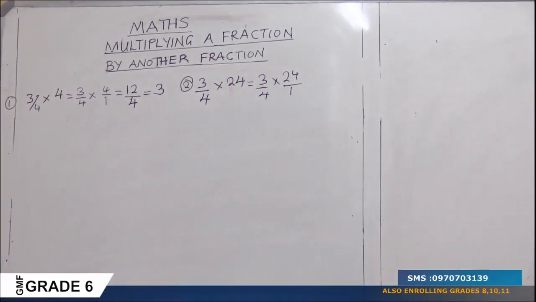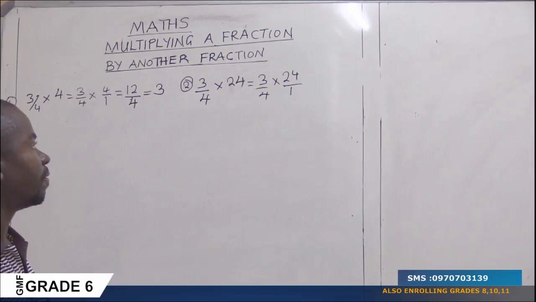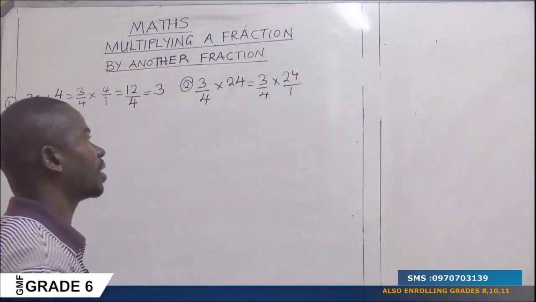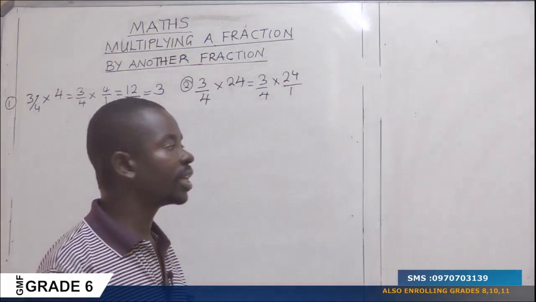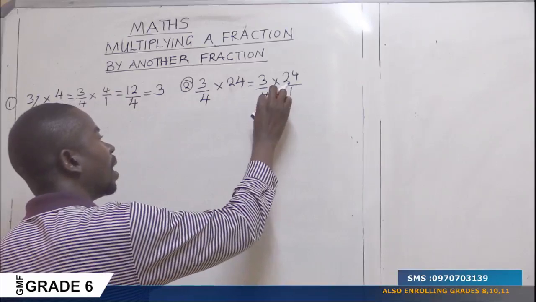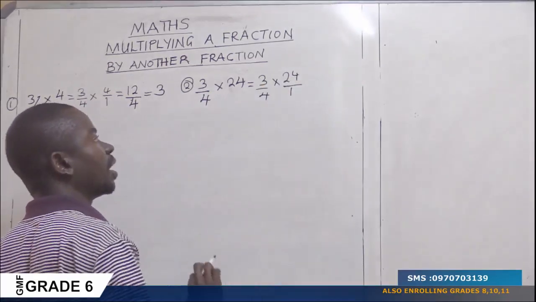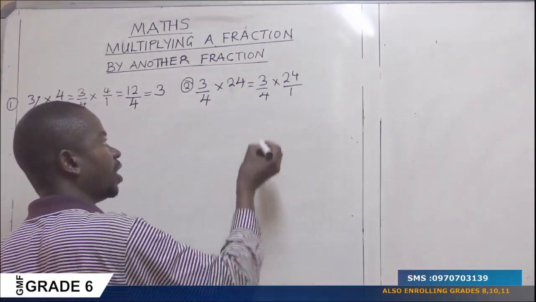If you want to make your work easier, you can divide the numerators with the denominators. For example, 4 and 24 can divide each other.